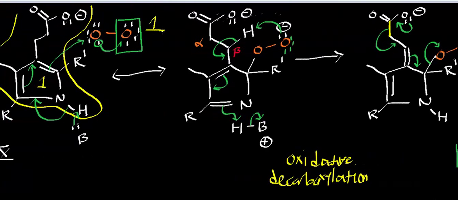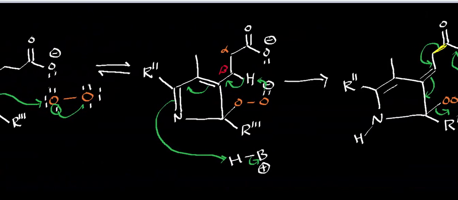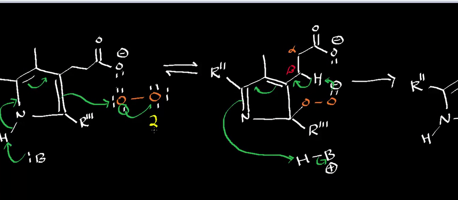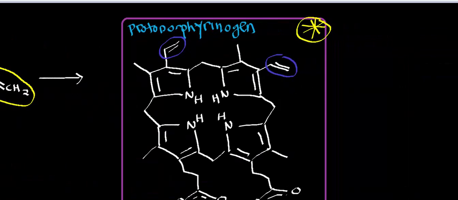Here's one of them right here. And then decarboxylating the second pyrrole ring, we of course use the second one. And we notice that none of those atoms end up getting incorporated into the final product, which is protoporphyrinogen. They instead get lost as hydrogen peroxide, and that gets catabolized by catalase. Okay, so therefore the term oxidase for this enzyme.